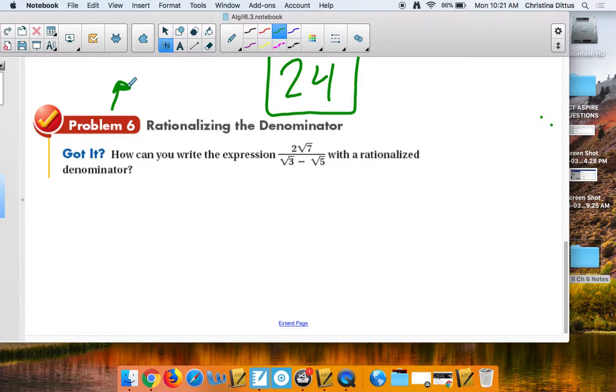So I'm just going to write this whole thing because other words are in my way. So I got 2 square root of 7 over the square root of 3 minus the square root of 5. Allison says rationalize it by multiplying by the conjugate of my bottom. Okay? What would the conjugate be?